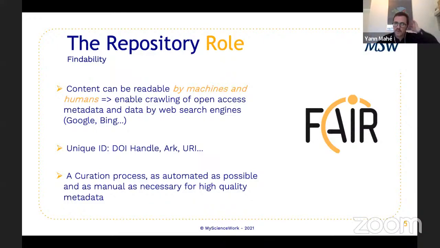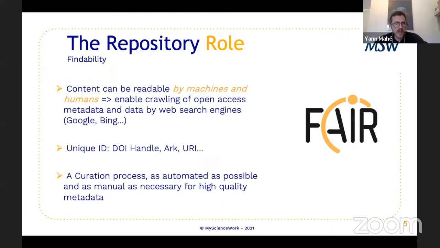Clearly, findability, you will have nothing if you don't have interoperability. The same with accessibility and everything. So the presentation here is more a kind of structuration, but it's not something to be taken independently. And please note that the interlink between these different letters is very important.